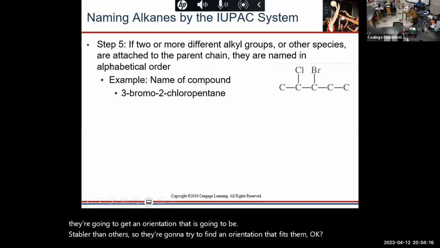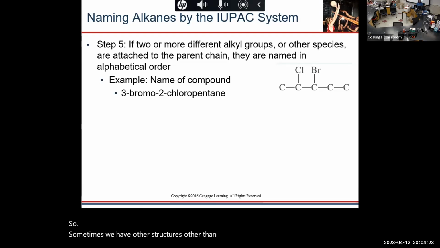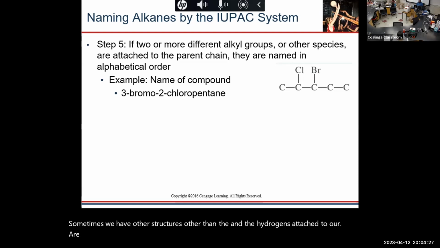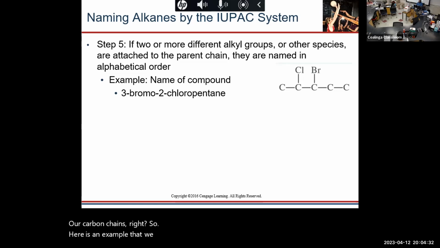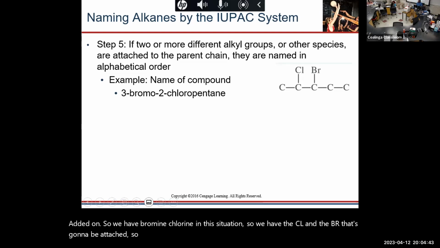Okay, so sometimes we have other structures other than the carbons and the hydrogens attached to our carbon chains, right? So here is an example. These are called halides added on. We have bromine and chlorine in this situation, so we have the Cl and the Br attached. Instead of hydrogens there, they're going to have Cl and Br. These technically already have hydrogens attached to them.